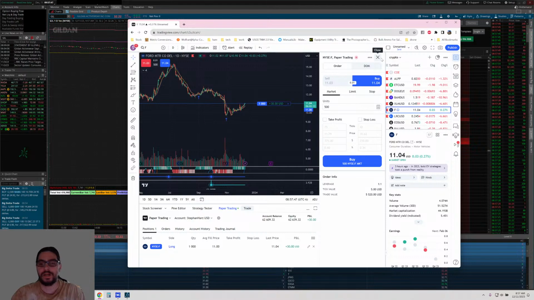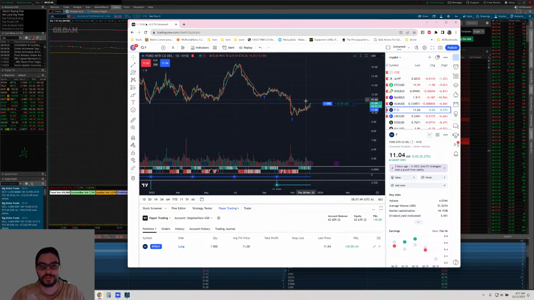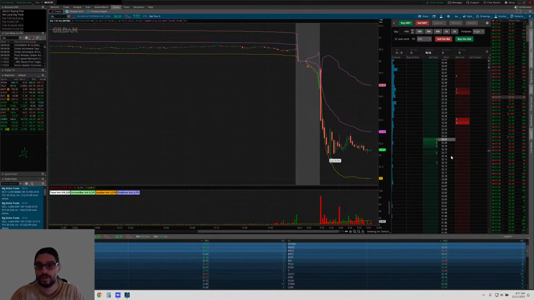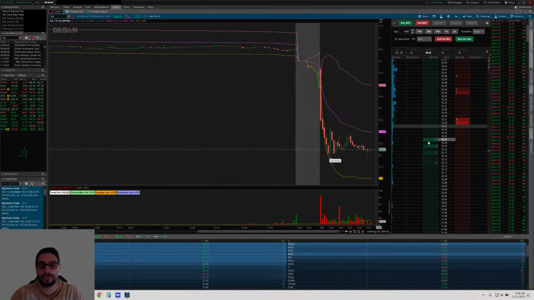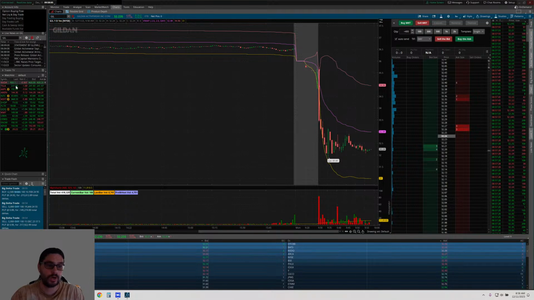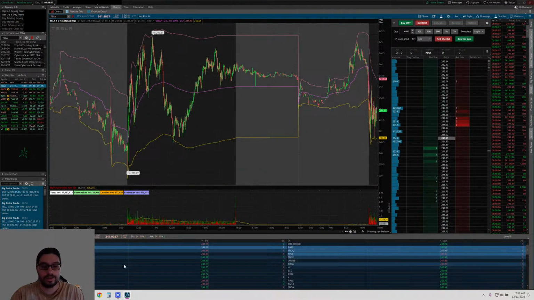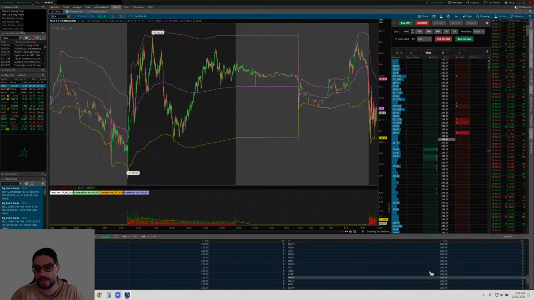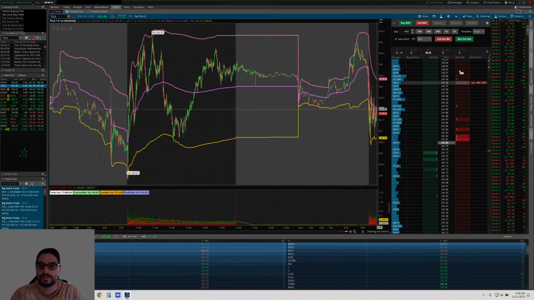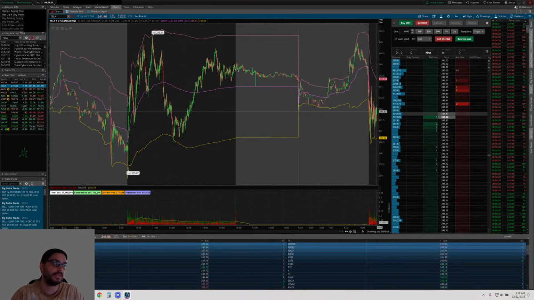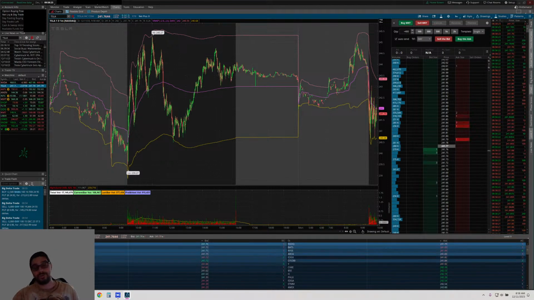But I do find it useful every now and then to just know what the depth of the market is looking like. In stock trading, we generally will call that the level 2. So we use the level 2 on TOS. Part of the level 2 system is the ladder. And then this down here lets us know what's going on with the stock in the depth. So we can scroll down through here and we can see how many people are stacking up, where they're stacking up, kind of like the same thing here on the ladder, which allows us to see what's going on and helps us make the decision of what we should do or what we want to do.